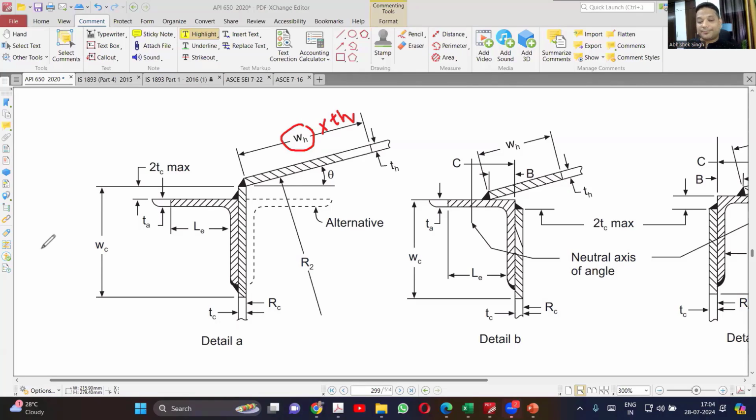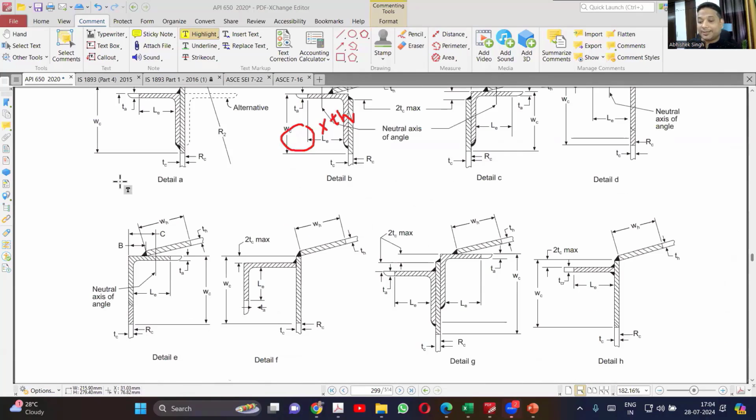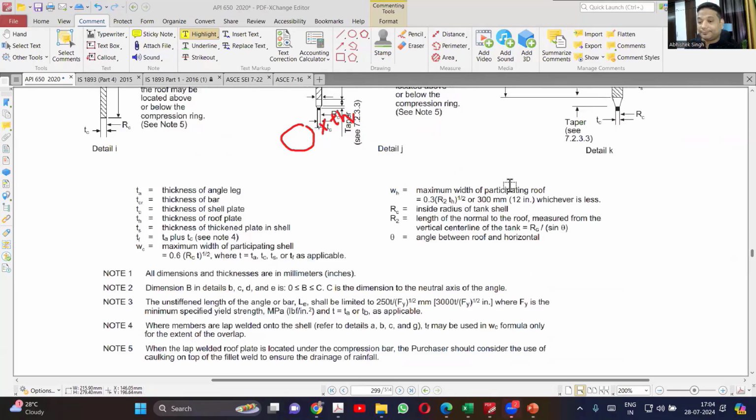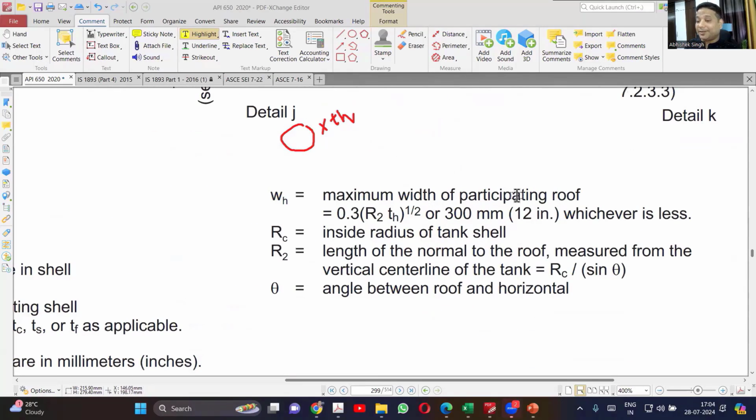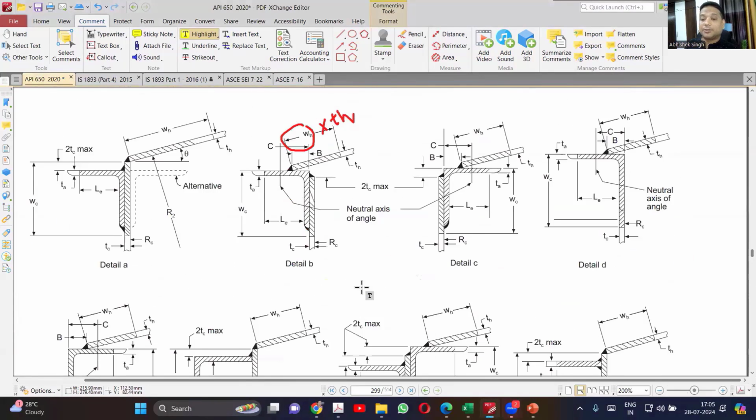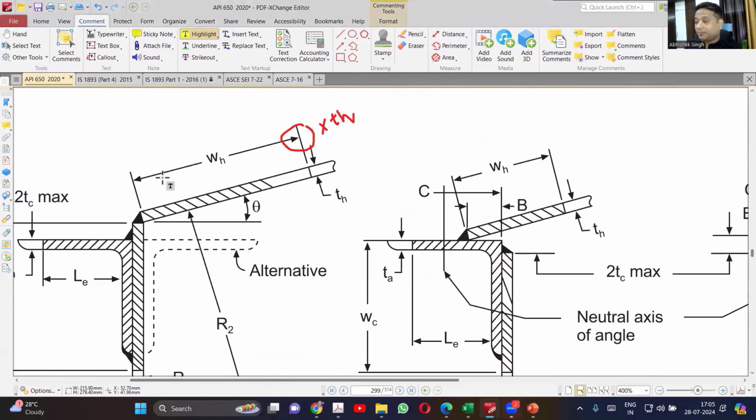What is WH? For that, you'll see here. WH is the maximum width of the participating roof, calculated by 0.3 times square root of R2TH, or 300. R2 and other parameters are already defined here, so you can find that. Whichever is less will give you WH. Multiply by the thickness, and you'll be able to get the participating area in the roof.